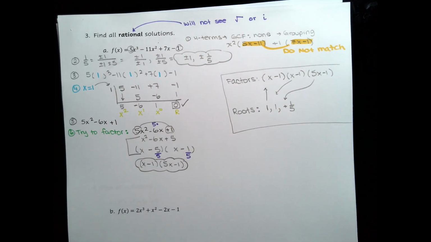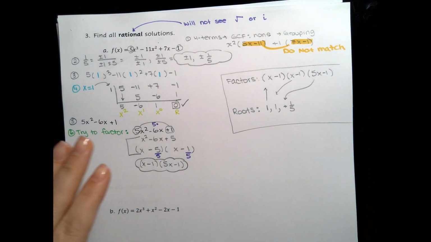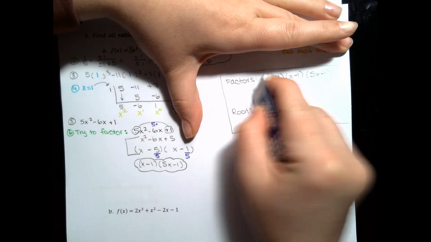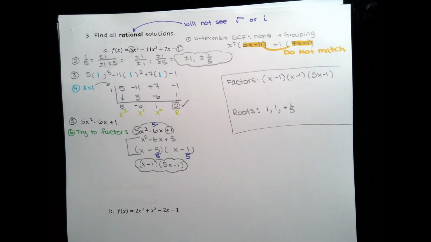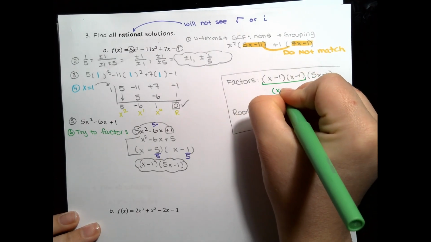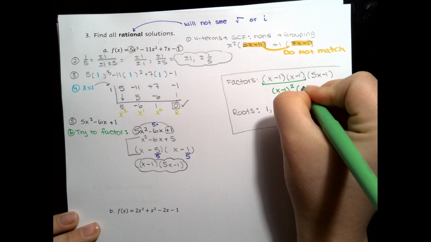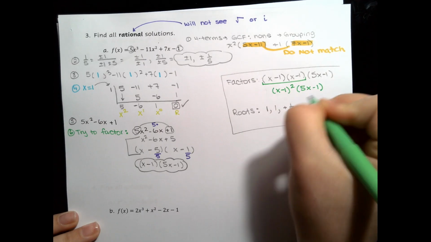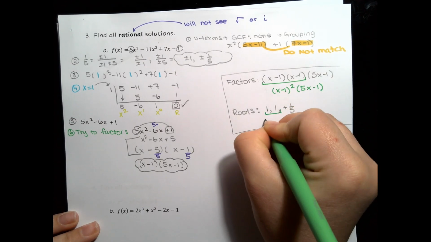Okay, now again, this is incorrect. This is wrong because I see multiplicities. I see multiple things that are the same. So I'm going to erase my arrows. I see that I have 2 factors that are the same. I need to combine them. And then I can write my 5x minus 1, which means that I do see multiplicities.